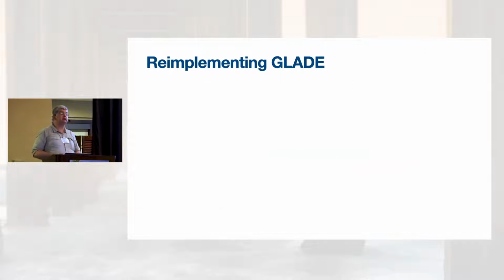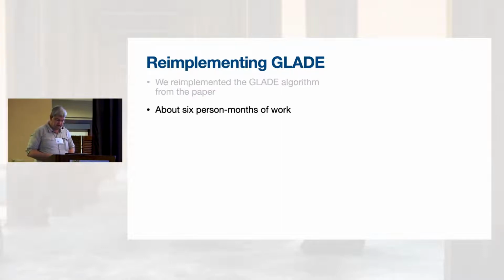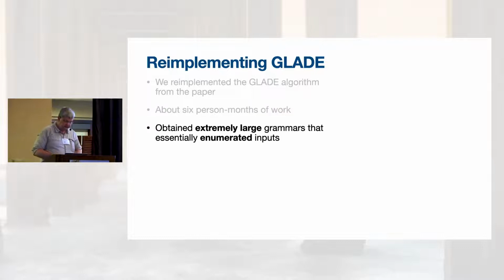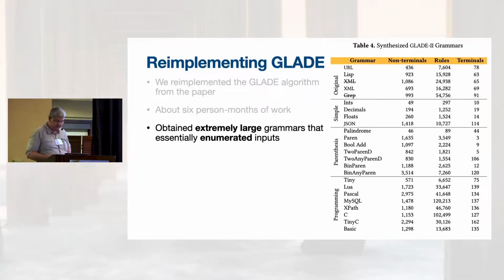So what we did then was we took the paper and re-implemented the algorithm. This was about 6 person-months of work in multiple iterations. The reason we had multiple iterations is that we were surprised at the results we got. The grammars were extremely large, and they would essentially enumerate inputs.